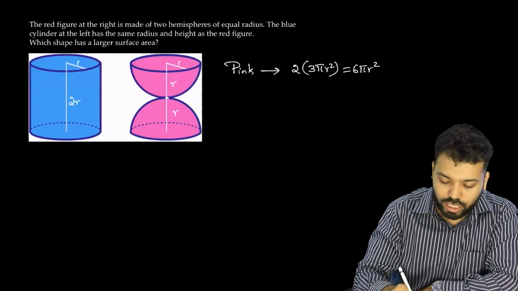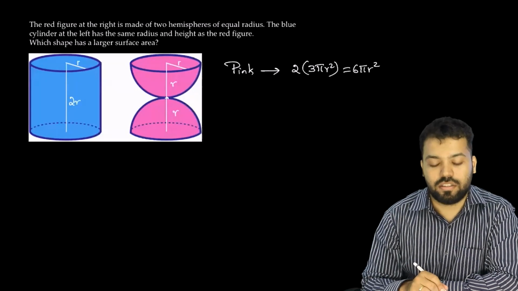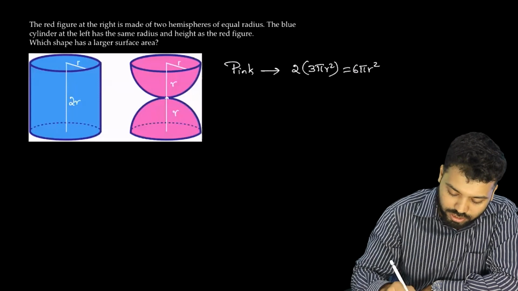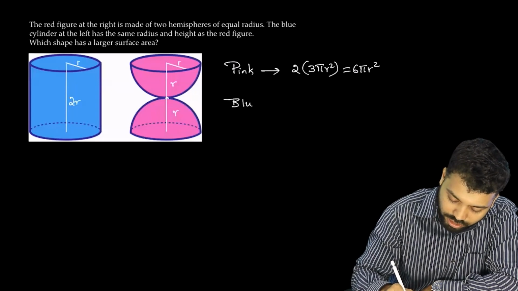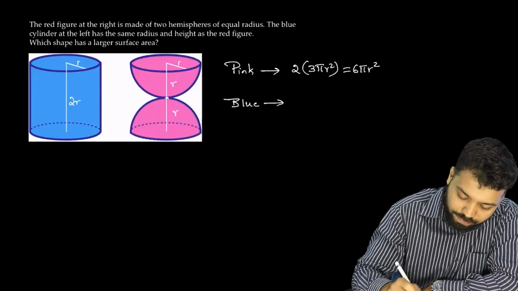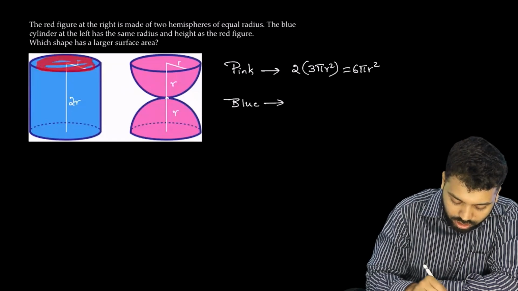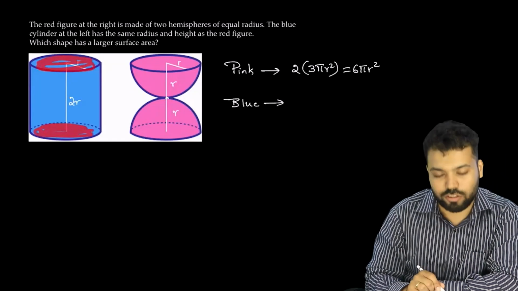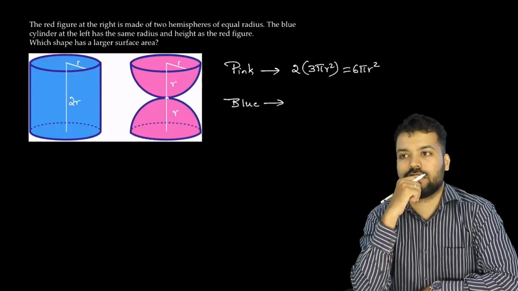Okay. What about this cylinder? What is the formula for the surface area of a cylinder? Again, remember, we need to include the top and bottom surfaces along with the lateral surface.